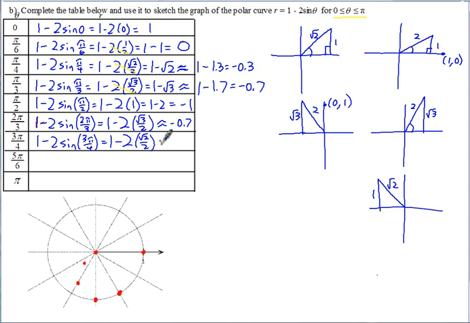Notice we had that one before we did pi over 4, so that's going to be approximately negative 0.3. So in the 3 pi over 4, this is pi over 4 will be right here, pi over 2, 3 pi over 4 will be right here, the 45 degree angle from the x-axis. So again, we go the opposite direction, about negative 0.3, so around right there.